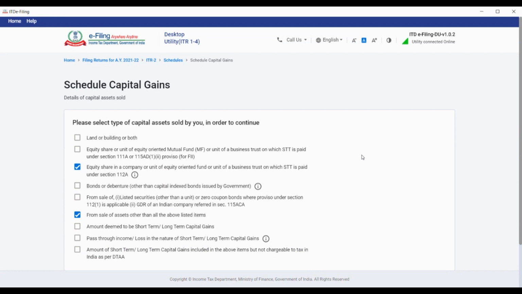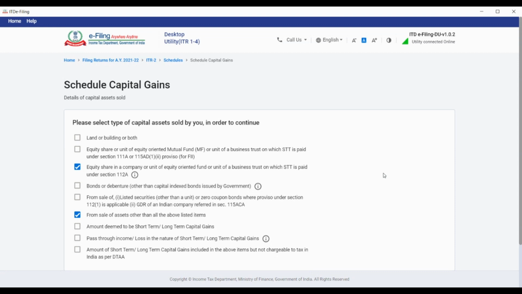Once you are inside the capital gains schedule section, you have to choose under which section you are. In our case, we are considering mutual funds as our source of capital gains or loss.